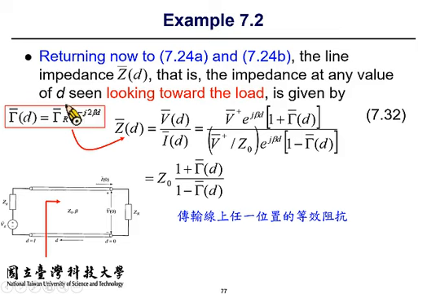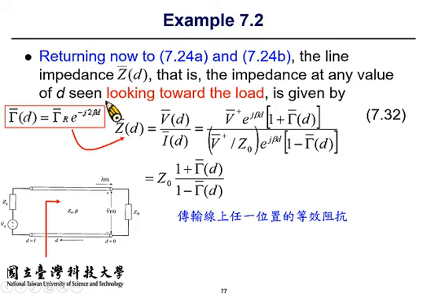So what is the significance of this exponential? You see the index is 2 times beta d. So what is the significance of 2 times beta d? It means the signal goes to the load and is reflected back. The total distance traveled by the signal is 2 times d.